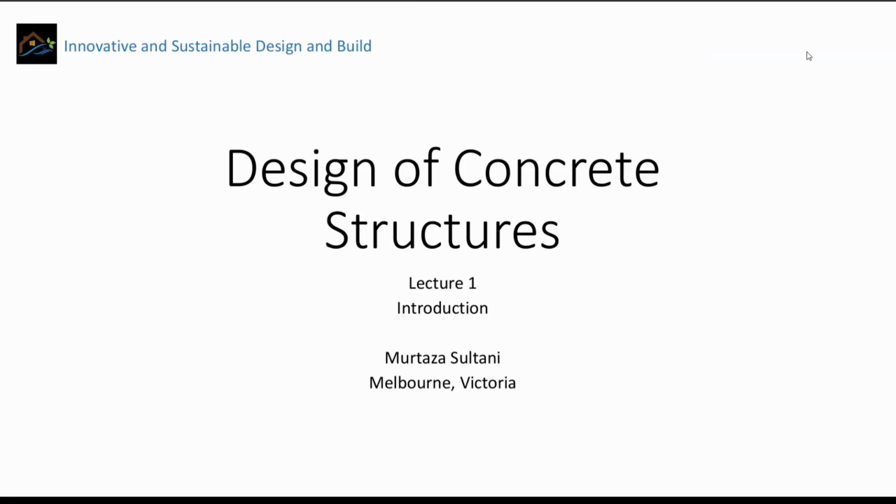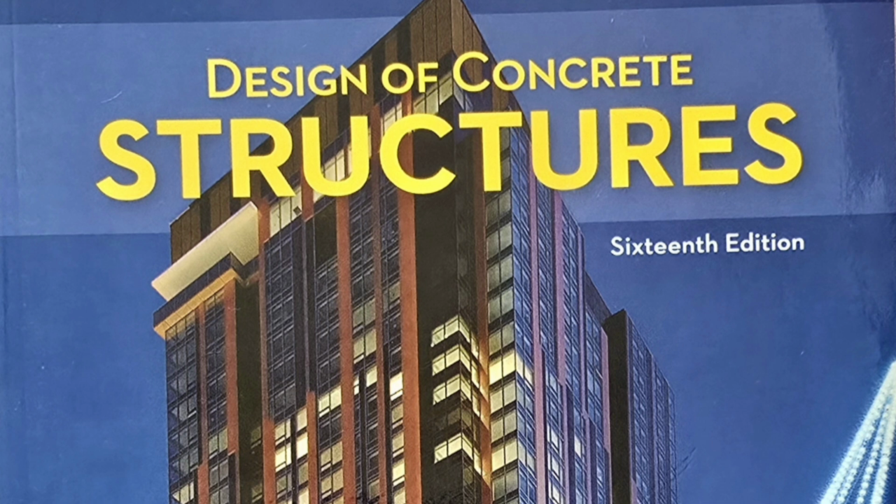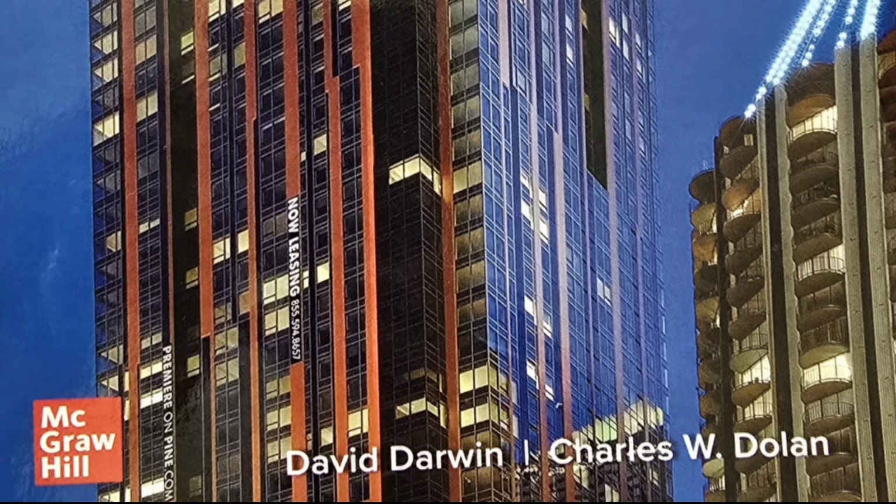There might be 24 lectures, and each lecture would be specifically related to the topics of this book, Design of Concrete Structures, the 16th edition by David Darwin and Charles Dolan.